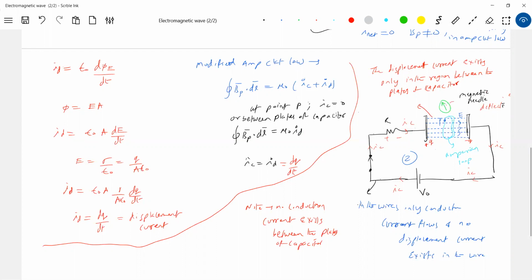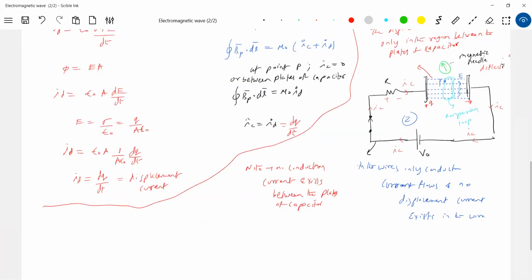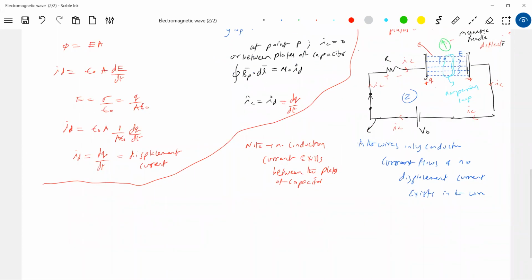I'm not bothered after this about the RC circuit and all that. So who is the source for this magnetic field? A varying electric field. So what is our conclusion? Now this conclusion is very important.